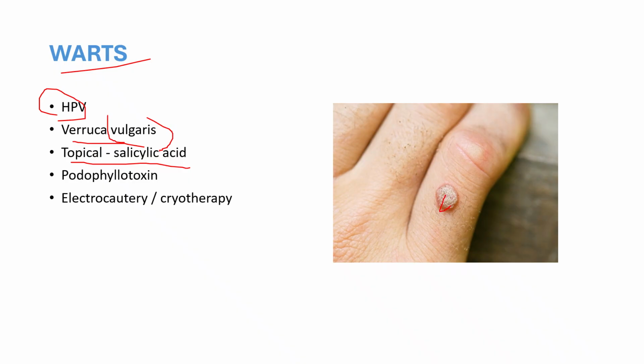Because it is highly thick and crusted, you're trying to make it soft using salicylic acid. You may also use podophyllotoxin, especially for genital warts. Otherwise, if it's resistant, you can go for electrocautery or cryotherapy.